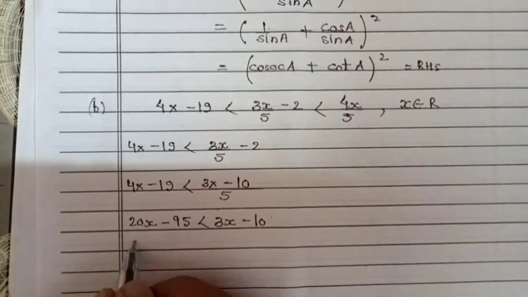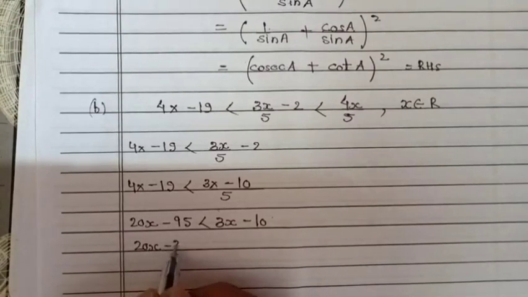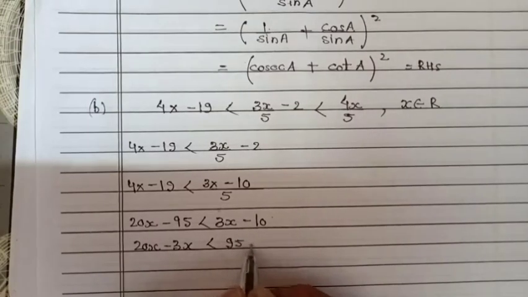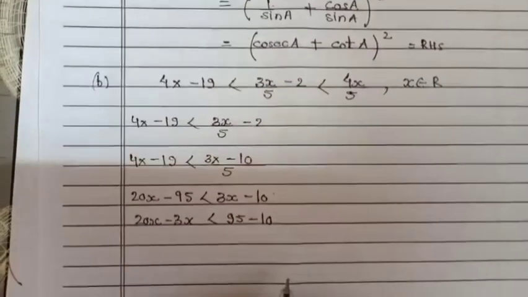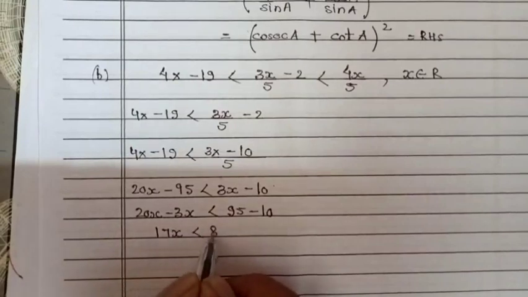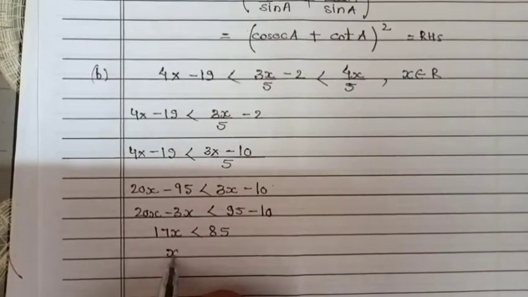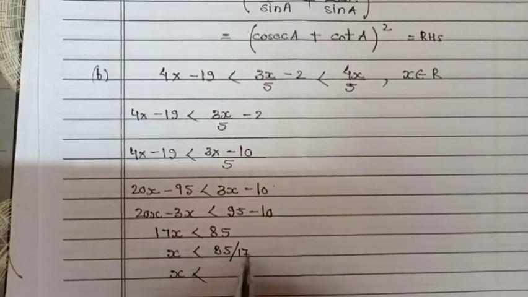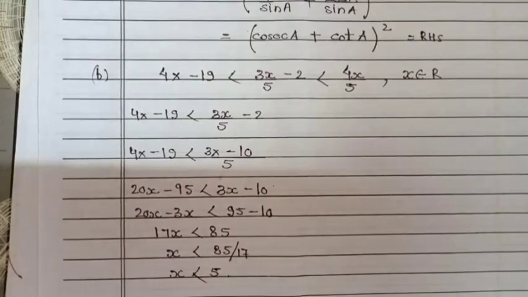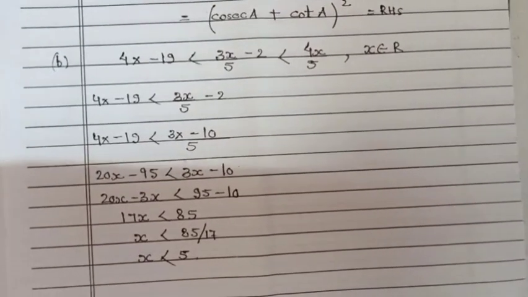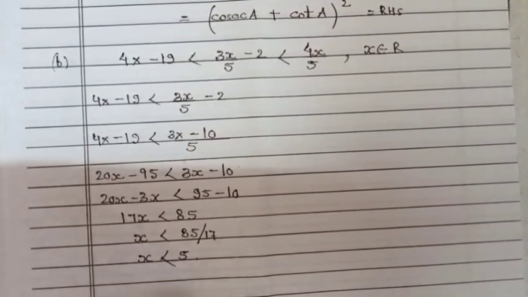So 20x minus 3x on this side, this will become plus 95 minus 10. So 17x is less than 85. So x is less than 85 upon 17. So x is less than 5. So on solving the first inequality, we have got x is less than 5.